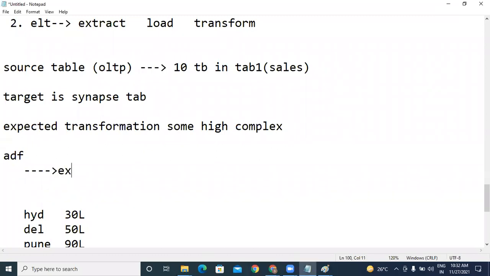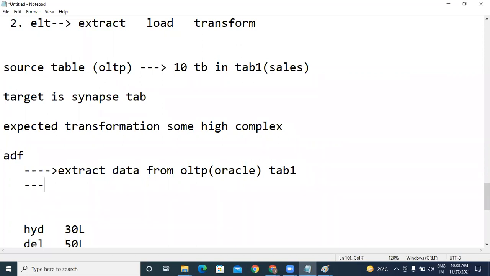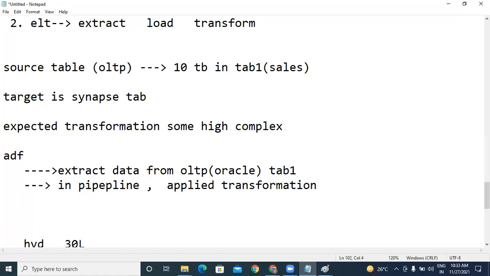I want to extract data from OLTP. Think that my OLTP is in Oracle, and my table is tab 1. Then in my data pipeline, transformation logic is applied and results will be produced.